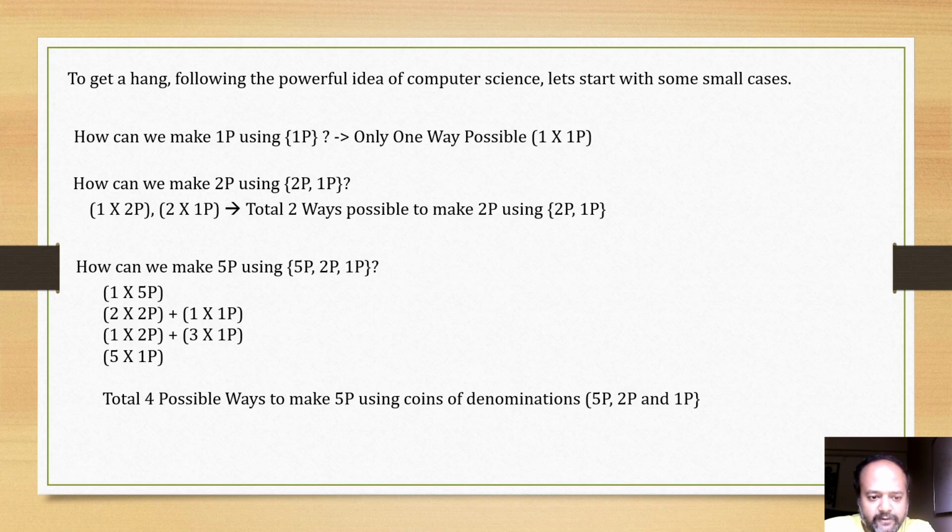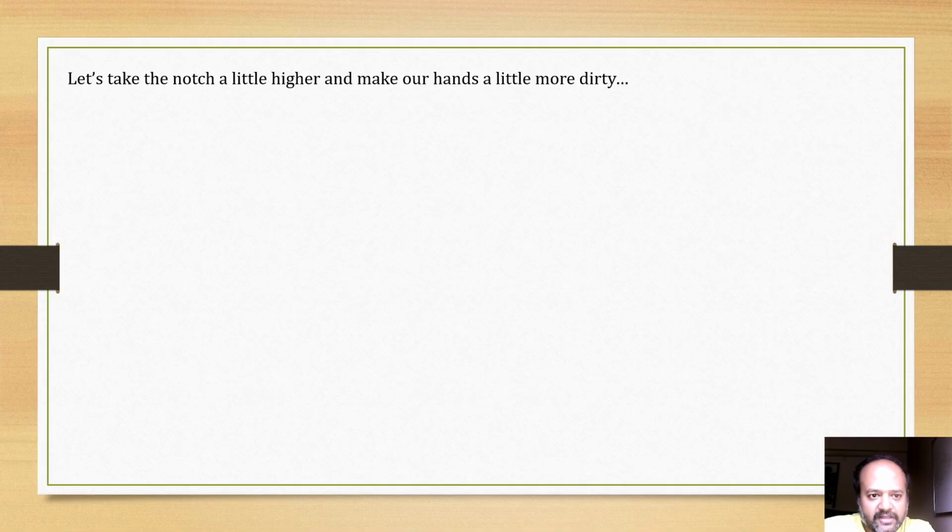Or you could take 5 of the 1 paisas. So totally there are 4 possible ways to make 5 paisas using coin denominations 5 pice, 2 pice and 1 pice. So I think the small cases are giving us a hang of the problem. Now let's take the notch a little higher. Let's get our hands a little more dirty.